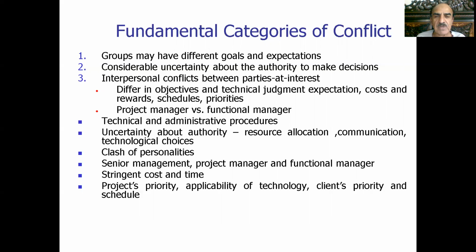For example, they may differ in objectives, technical judgment, cost and reward, schedules, priorities, project managers versus functional manager issues, technical and administrative procedures, resource allocation, communication, technological choices, clash of personalities, senior management, project manager and functional manager conflicts, stringent cost and time related conflicts, project priority, applicability of technology, client's priority and schedule, sponsor related issues, and so on.